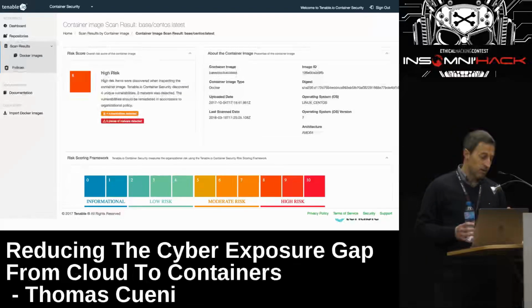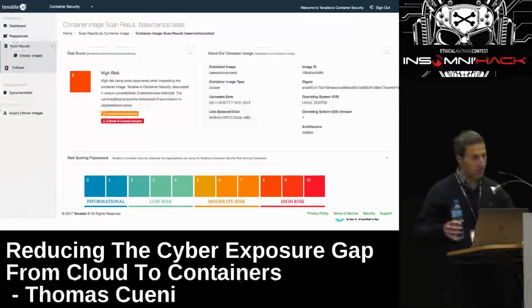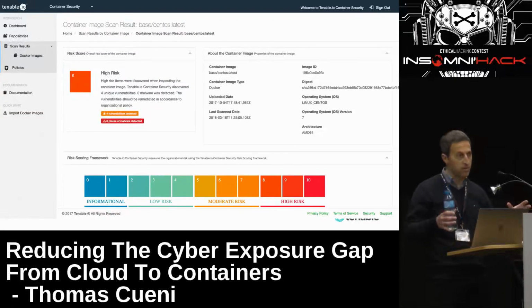And then also, if we speak about products, container security is just one module of our larger vulnerability management solution. So there is container security, which we have spoken about exclusively today, but there is also web application scanning, there is traditional vulnerability scanning, there is compliance scanning, all in the same thing.